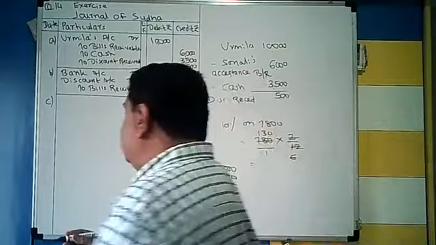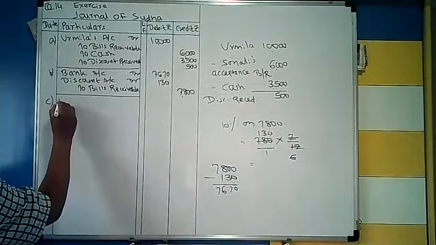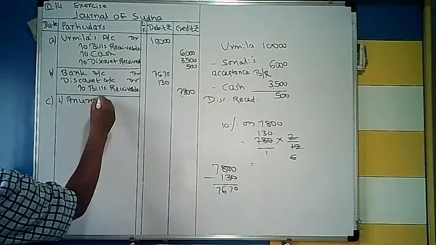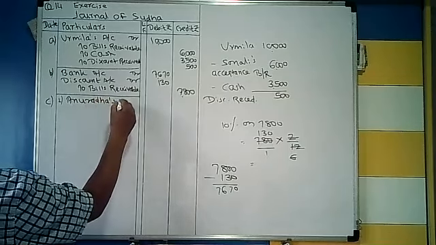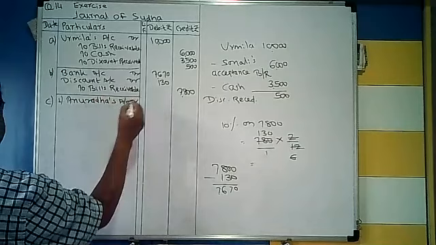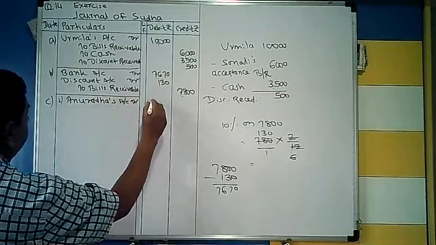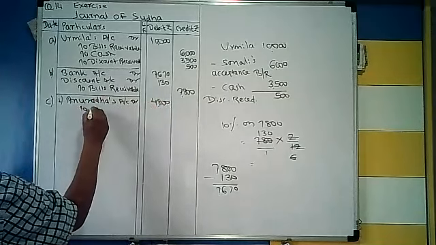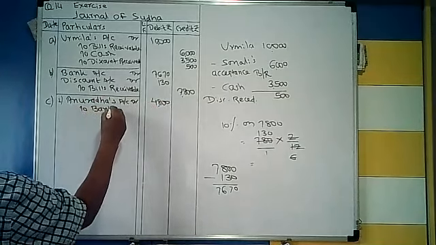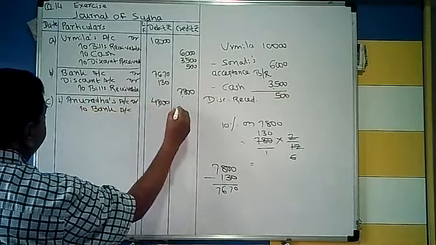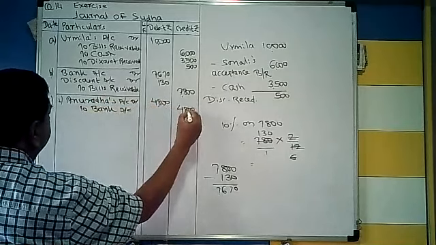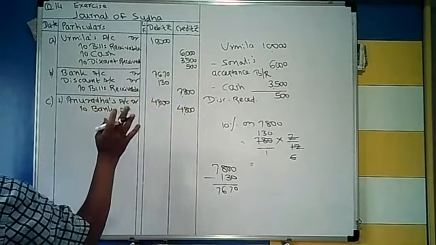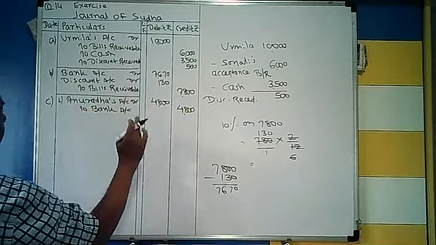So for C case, the entries: entry number 1 will be Anuradha account debit rupees 4,800 to bank. This is the entry for dishonor of the bill.